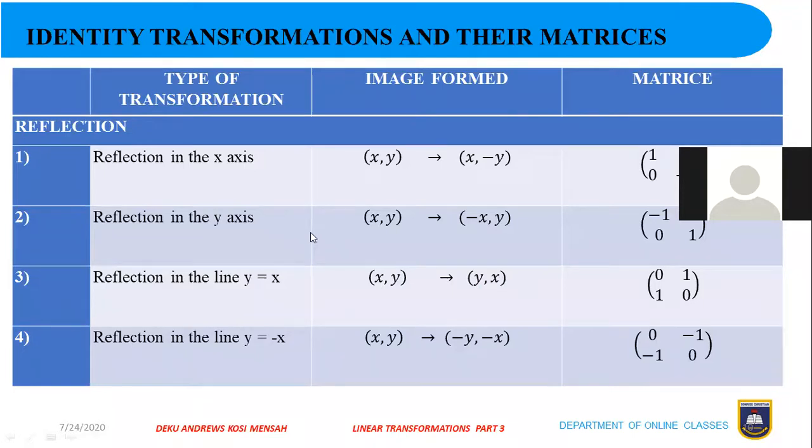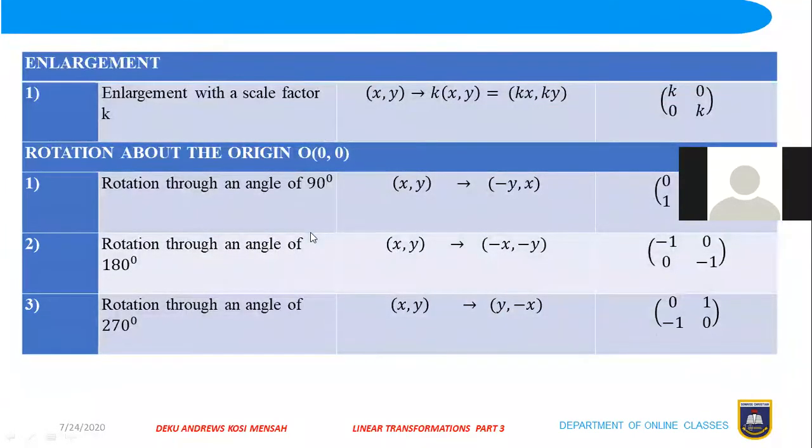Now, we go to the next type of transformation in this lesson. The next type, we have enlargement. We enlarge a figure with a scale factor. So if you enlarge with a scale factor, we have xy maps to the scale factor times xy, and that will give you kx, ky.